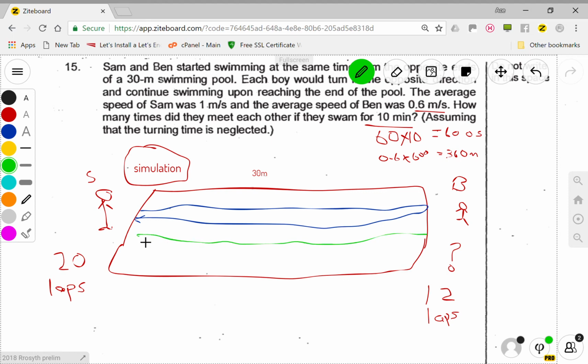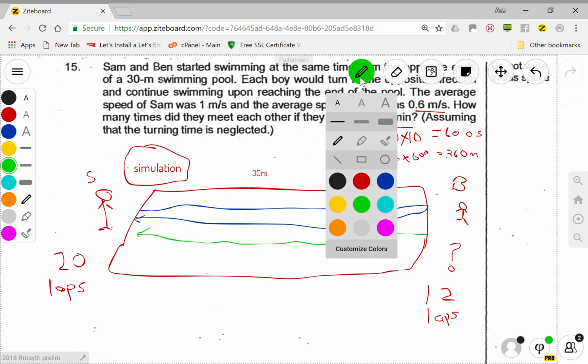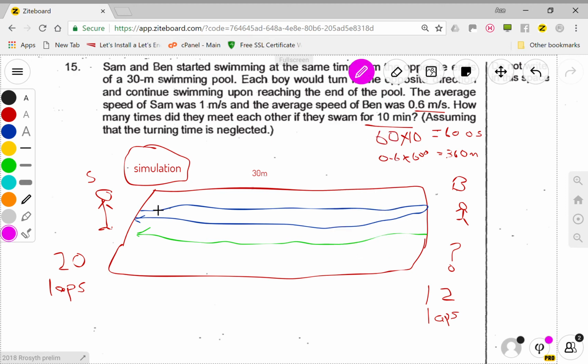So they would actually meet twice. Why twice? The first time is as Sam is swimming here, Ben is swimming towards this direction, so they will meet here. Ben is still swimming, but then Sam will go here and come from his back. They will meet another time.